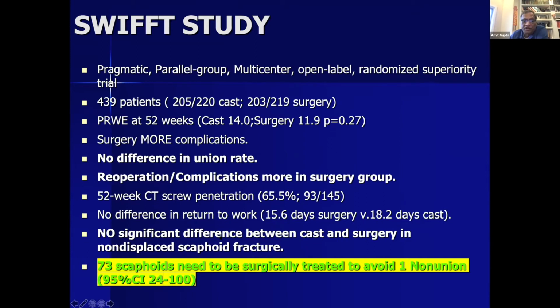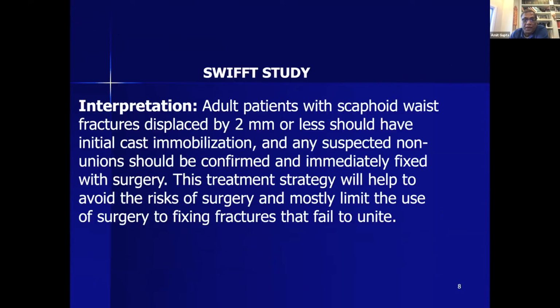So there was no significant difference between cast and surgery in the non-displaced. Remember, non-displaced scaphoid fractures. They took out the displaced ones and treated them surgically right off the bat. And subsequently, if they found that these were displaced in subsequent X-rays, they did surgery for them. One of the conclusions was that 73 scaphoids need to be surgically treated to avoid one non-union, and the 95% confidence interval was 24 to 100.